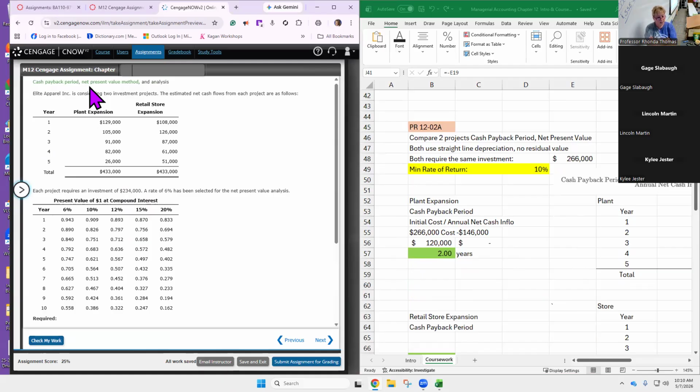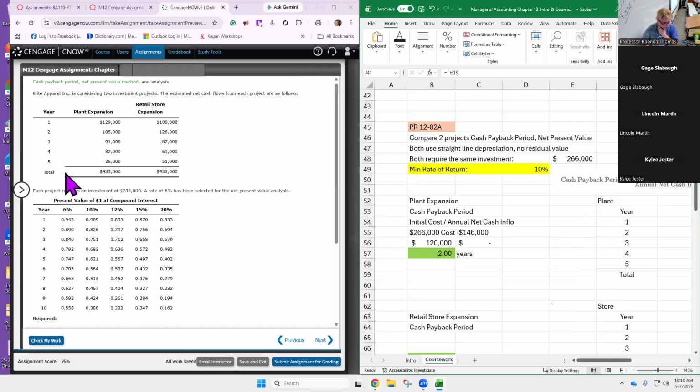Now, when it comes to the payback period, we're not going to need any income. So notice we did not get any income. The only thing we got here is numbers about the cash flow. Okay, so we're not getting any income for this one. But we are looking at the same set of years.